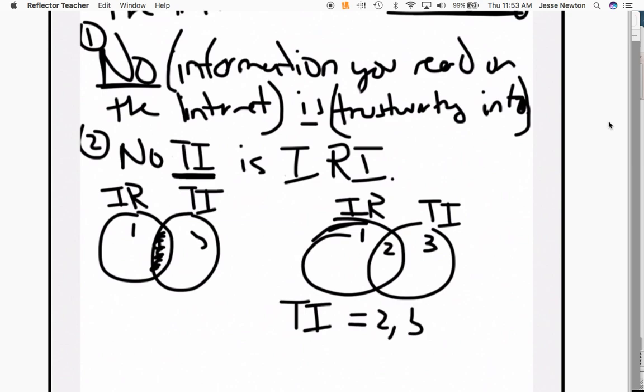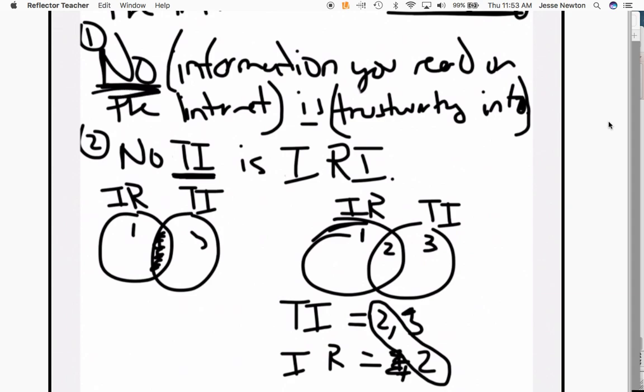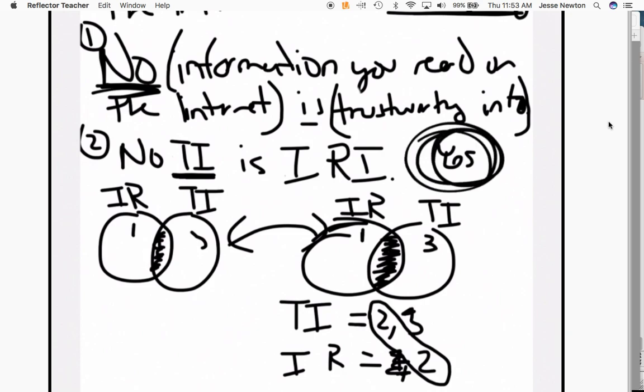Information you read on the internet, IR, that's equal to regions 1 and 2. And what we do is we identify the area of overlap. We cross that out. And we say no. So no to 2. And if we're saying no to 2, we shade that in. So are these two right here logically equivalent? Yes, sir. They are logically equivalent.